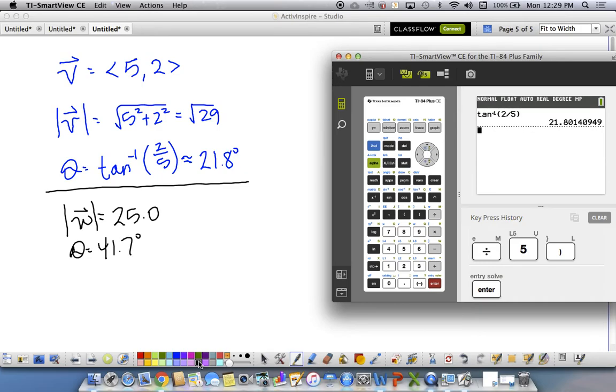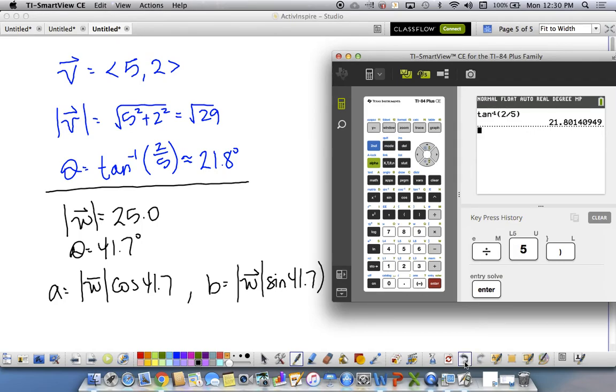Could I find A? A equals the magnitude times cosine 41.7, and B equals the magnitude of W times sine 41.7. Those will be my components, not parentheses.